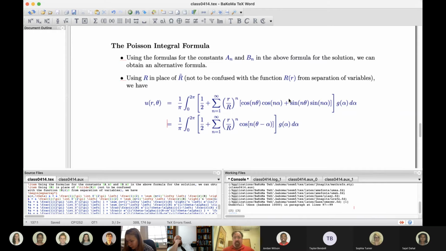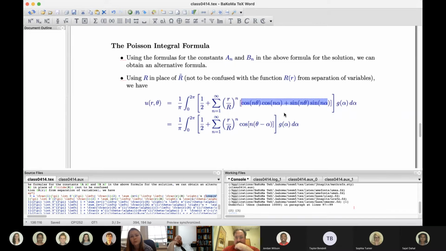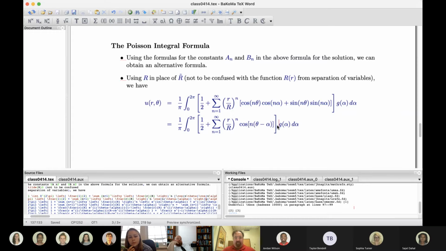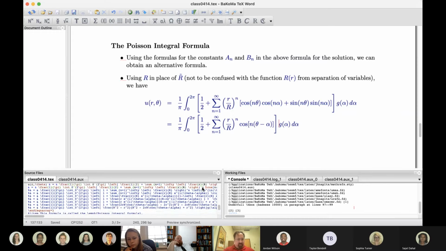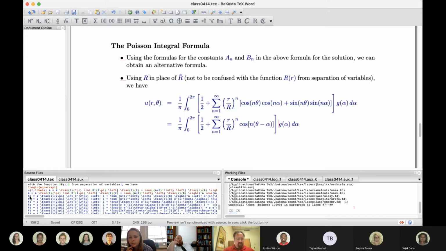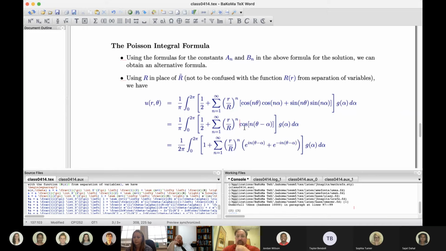Now here I use a trig identity. This is a cosine of a difference, cosine of n theta minus n alpha. So that allows me to condense this to this. And then I can express cosine of anything as e to the i times that angle plus e to the minus i times that angle, all over 2. So we have a factor of 2 pulled out here.